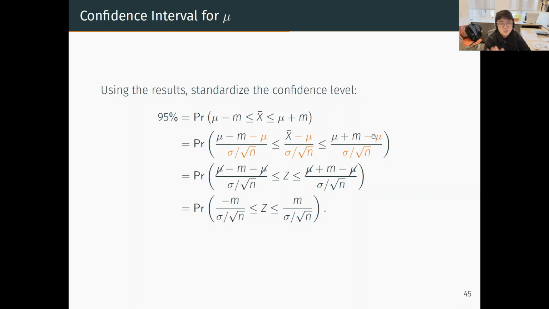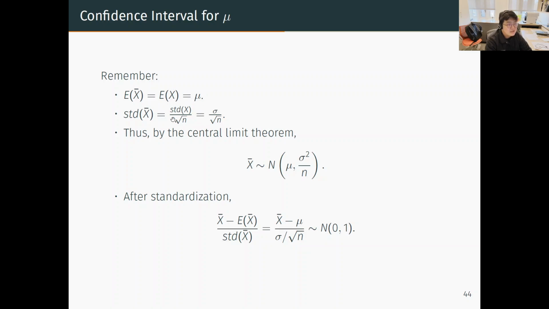But when you standardize X bar, you have to match all the terms. So do the same transformation to keep the inequality the same, right? So subtract mu. Mu is the mean, right? And sigma is the standard deviation. Mu and sigma are the mean and the standard deviation for a single outcome. And then you can write the mean and the standard deviation of the sample average in this way.